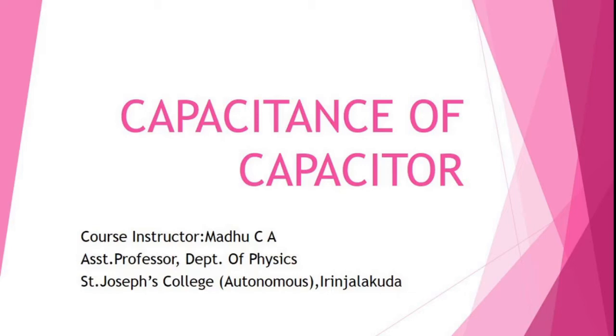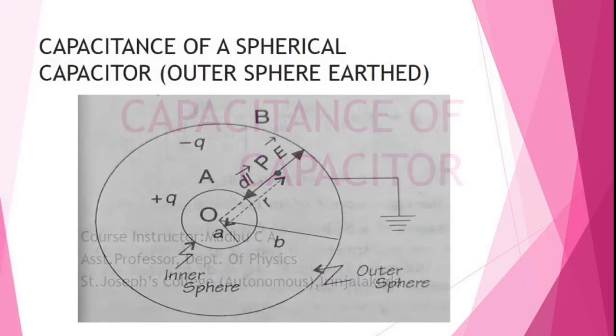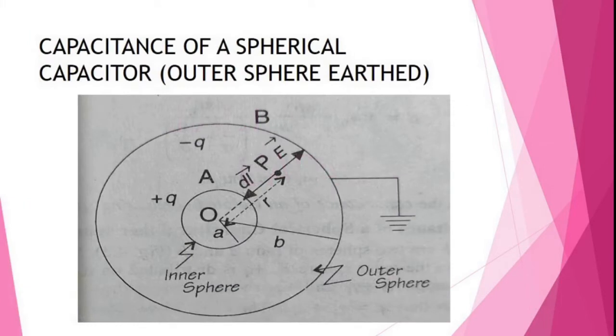So first we are going to find out the capacitance of a spherical capacitor with the outer sphere earthed. Here you can see A and B are the two concentric metal spheres.